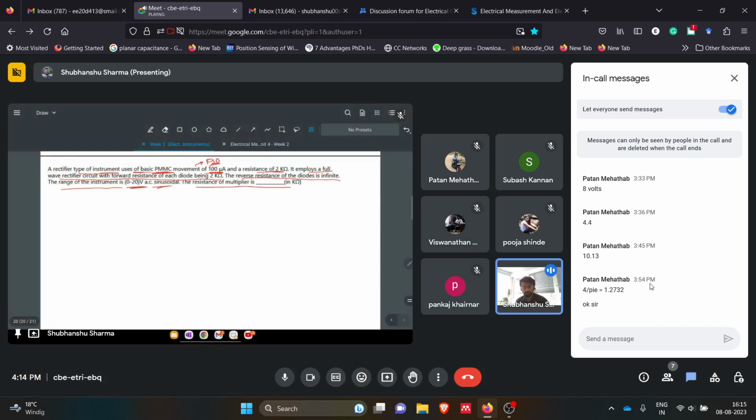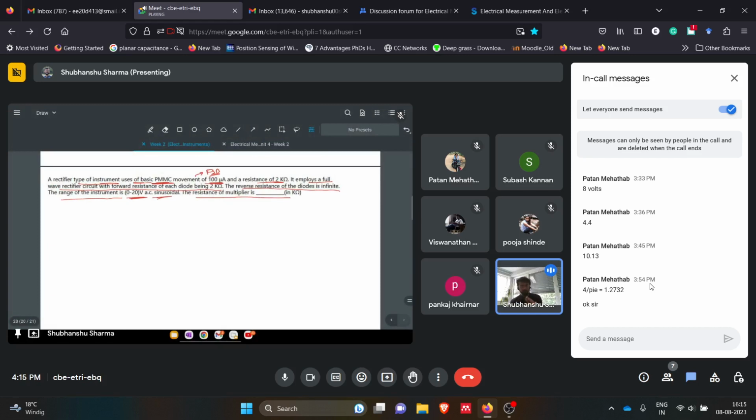So I will draw the circuit for you. In lectures we have seen this. Just to check the diode positions, yeah, we have something like this for a full wave rectifier circuit. Okay, and we have an instrument here with its coil resistance, and this is being connected.